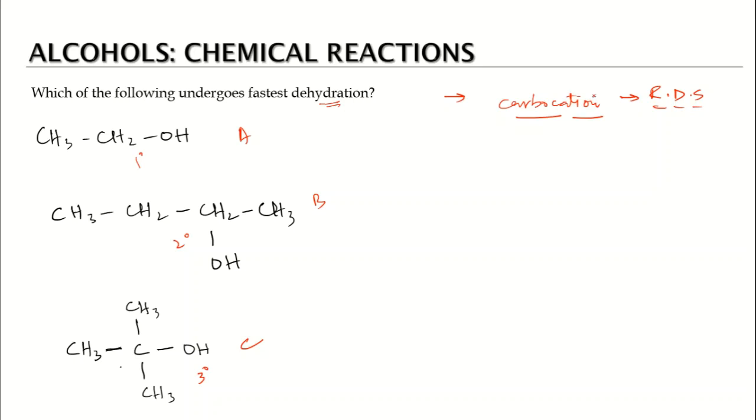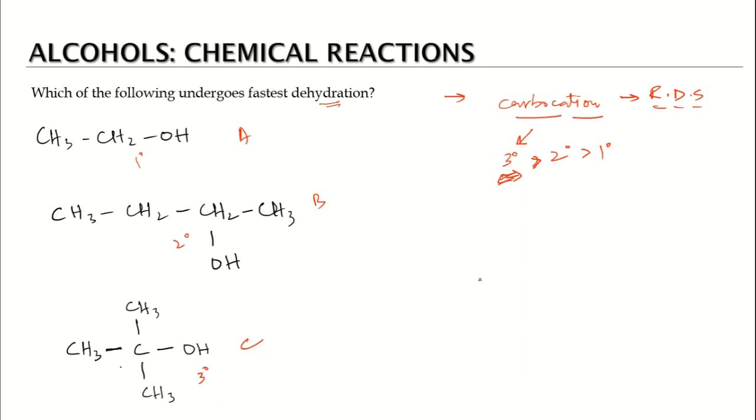So the more easily this carbocation is formed, the faster that reaction will be. As we know, the 3 degree carbocation is more stable than the secondary carbocation, which is more stable than the primary carbocation. That is, the 3 degree carbocation will be formed more easily, and as it is formed more easily, it will be formed faster.